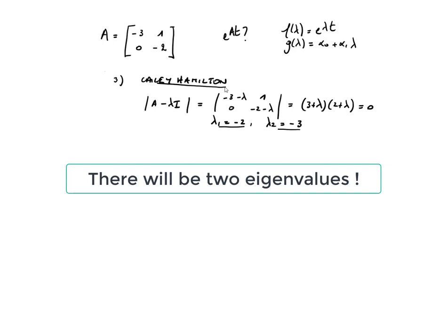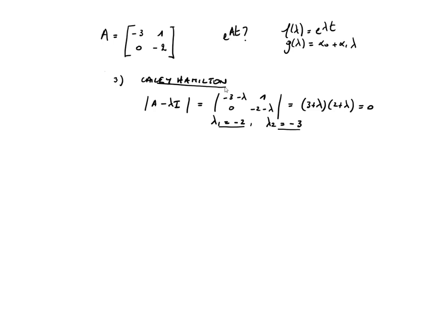Okay, so let us impose that f lambda and g lambda are equal on the spectrum of A. This leads to the following constraints. We have f of minus 2, that's e to the minus 2t, is equal to g of minus 2, and that's alpha 0 minus 2 alpha 1, and that's equation 1.